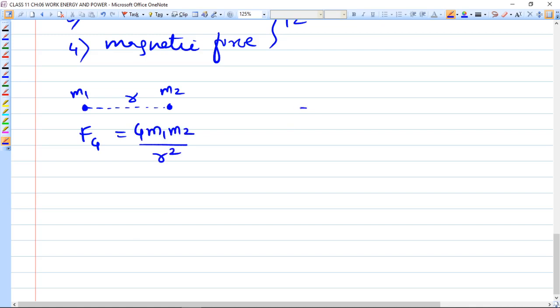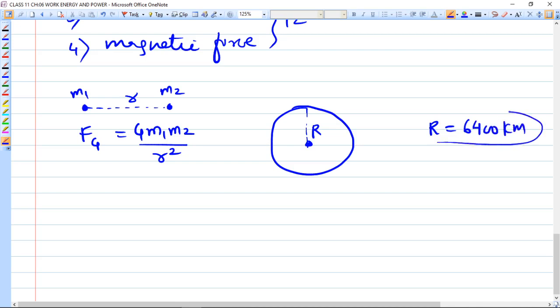Guys, this is our Earth, and this is the radius of the Earth. You know the radius of the Earth is nearly 6400 kilometers. It is much larger than our height. Even the Burj Khalifa is much shorter than this. Suppose the Earth as one object has mass M, and we are somewhere here with mass m.